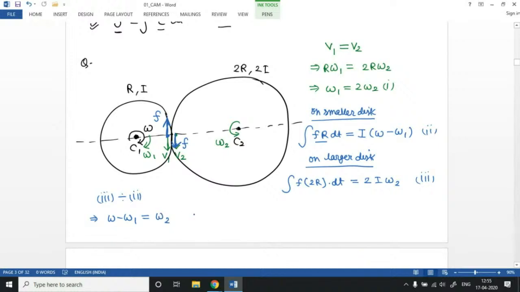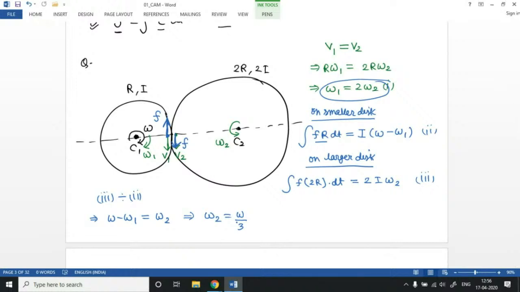Using this relationship, omega 1 we already know, that is equal to 2 times omega 2. So simply it gives us omega 2 will be equal to omega by 3. So that would be the answer. Omega 2 we have got, so omega 1 would be 2 times omega by 3.